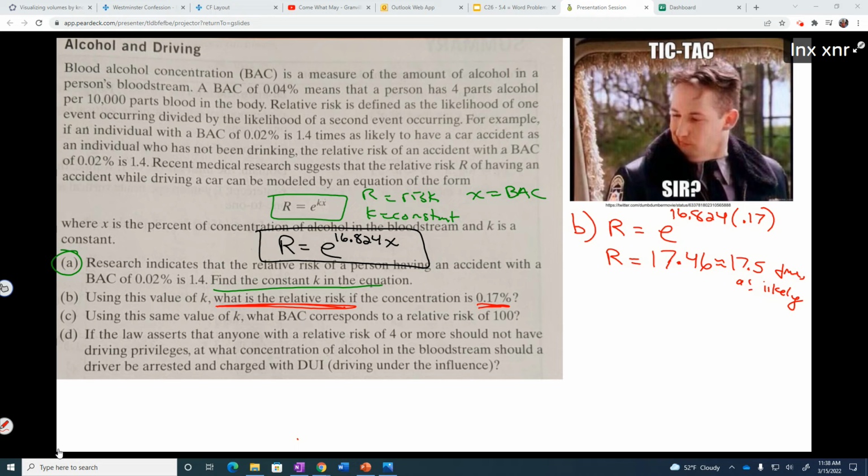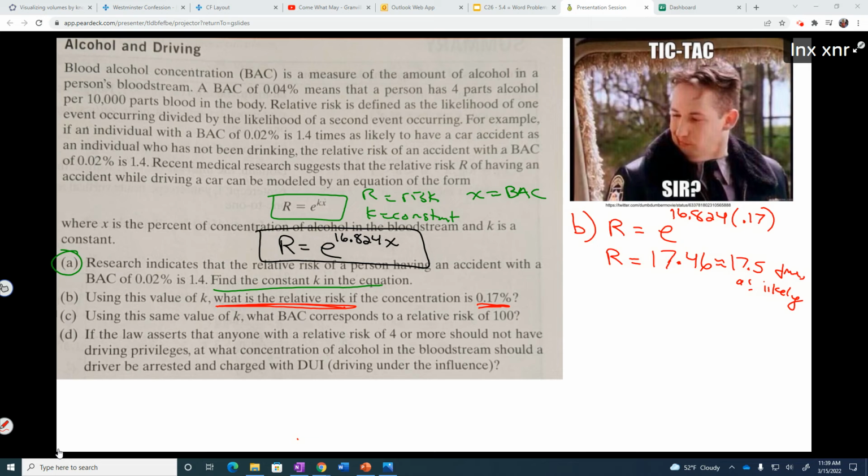So someone with a blood alcohol content of 0.17, which is actually more than double the legal limit, is 17 times as likely to have an accident as somebody else. So not a good decision.